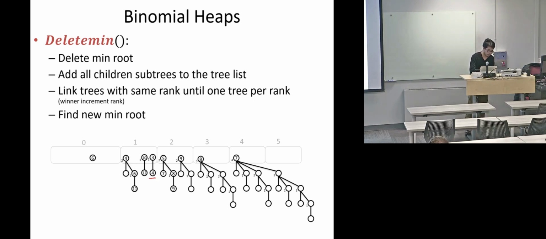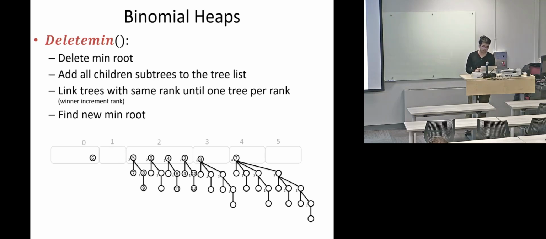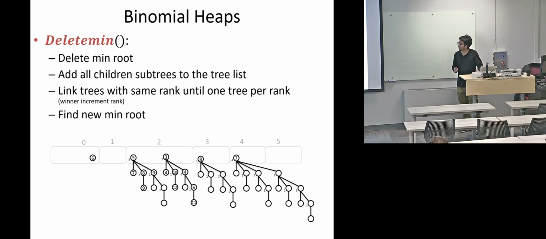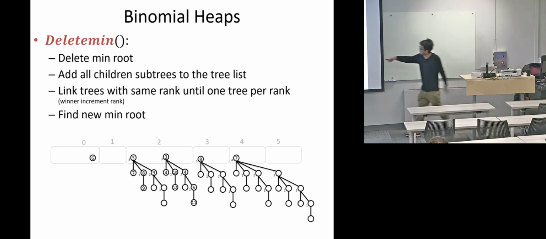And you try to link them here. So this tree will win. This one will win. So you link this and continue. And so on. Question about this? This will not stop, right? This now has rank 3, you move it to here and keep linking.